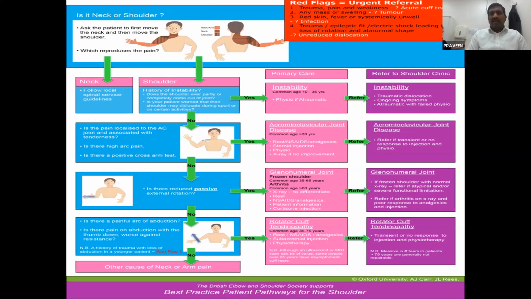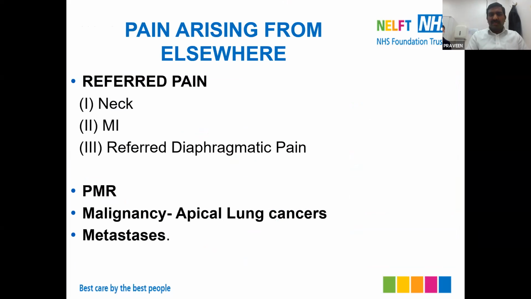This picture shows you what red flag symptoms you could expect and what you need to do with the referral. And if a patient has pain emanating from the neck or shoulder, you can follow this flow chart to see what the problem could be. And based on what the problem is, you can then plan the treatment regime for your patient.